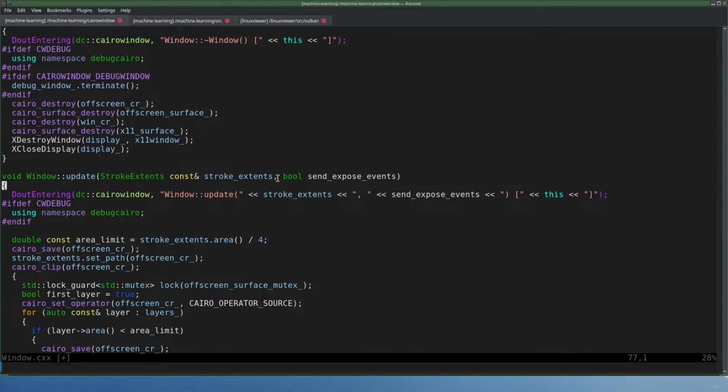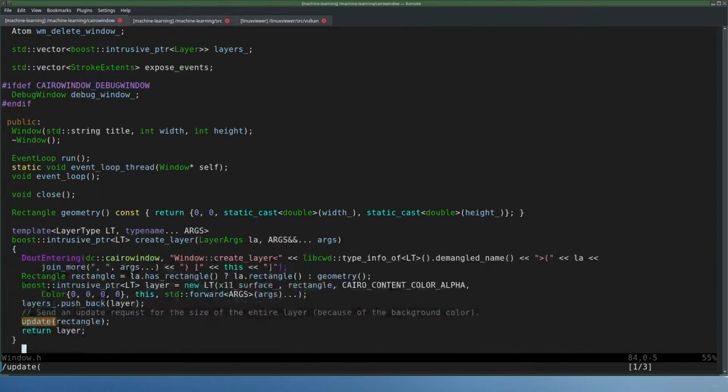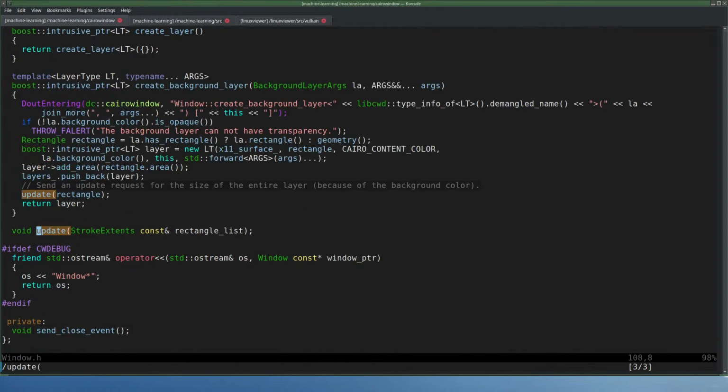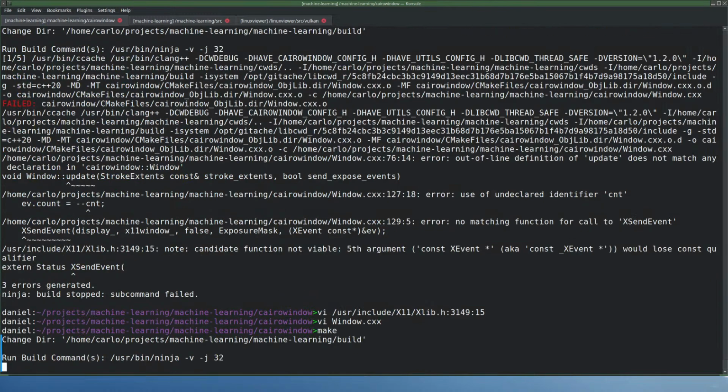Let's fix this compile error here because you updated the header, the window updates. And then who is calling that? Well, maybe one place, maybe a lot of places.